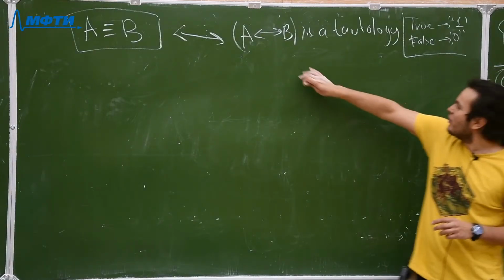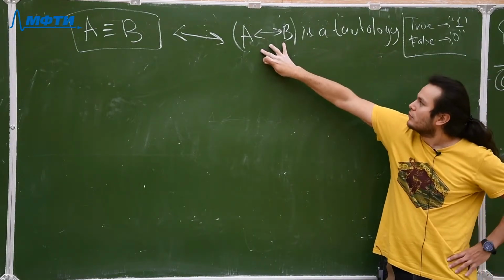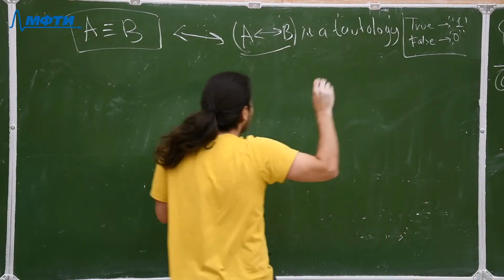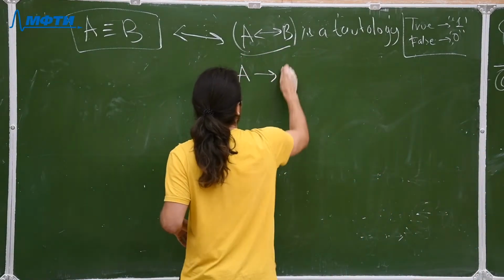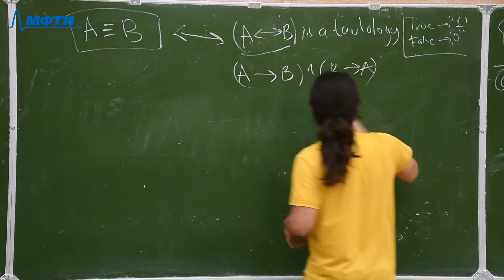So what does it mean that this is a tautology? Like you said, it means that A implies B and B implies A, right?